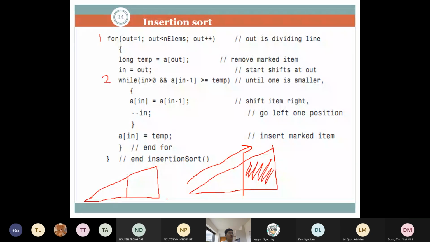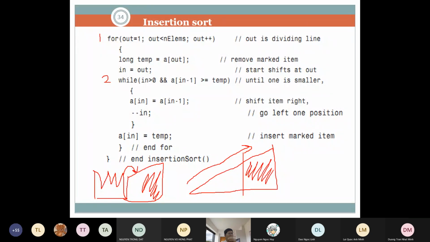It means we want this part to be in sorted order, and this other part is not in good order yet, and we want to put the elements one by one into this sorted part.